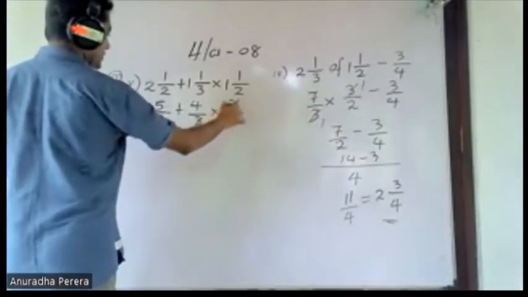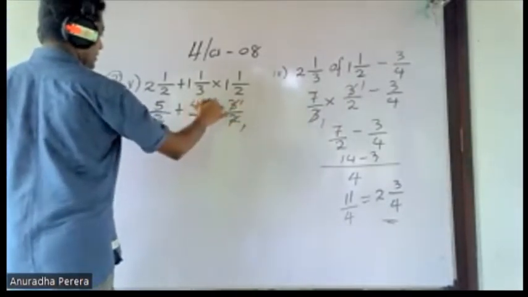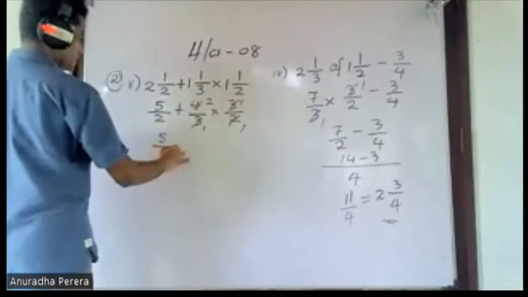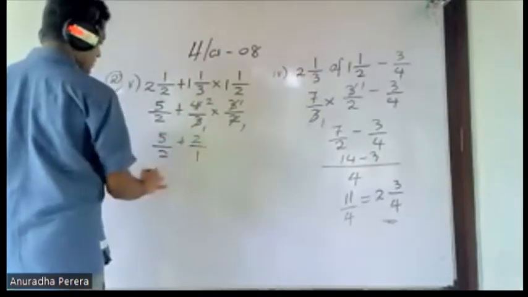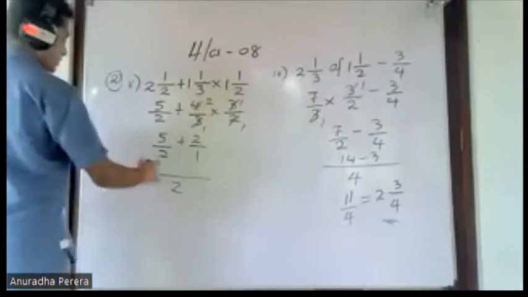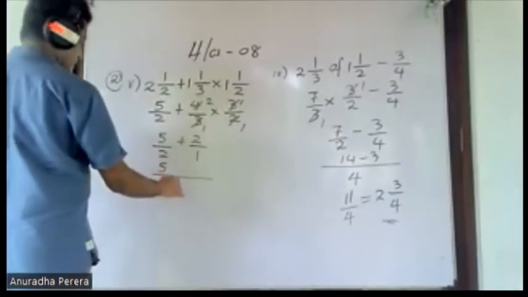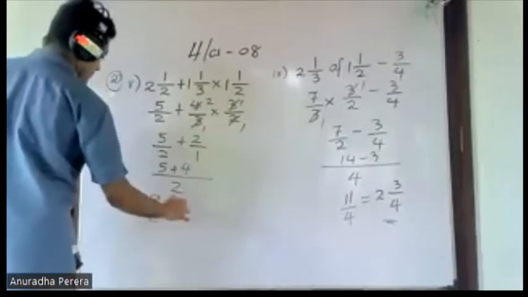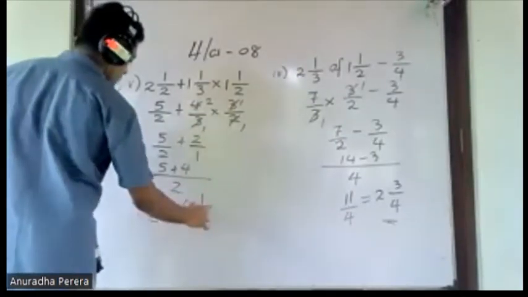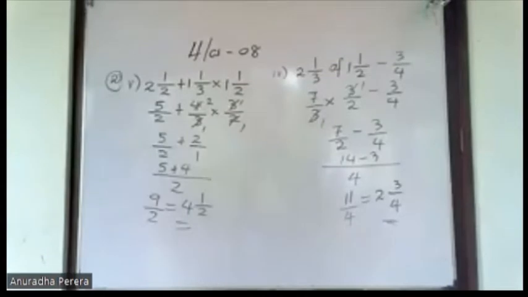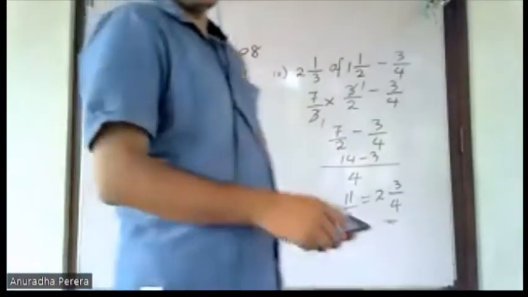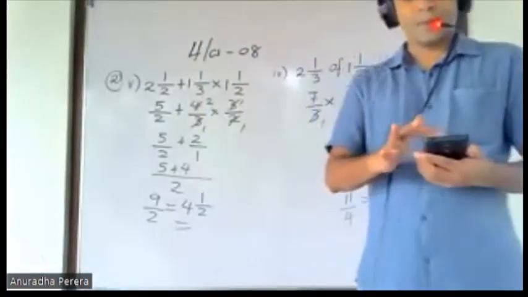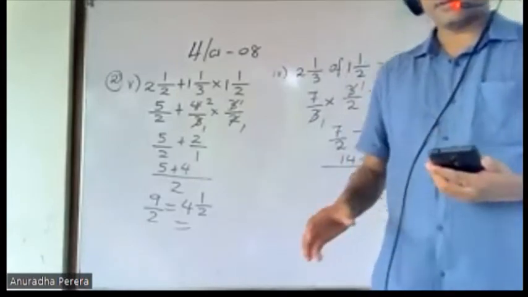Divide by 3. 5/2. 2/1. Common denominator 2. 5, 4. 9/2. 4.5. 4.5 hours, right? Yes, sir. Right, the last question.